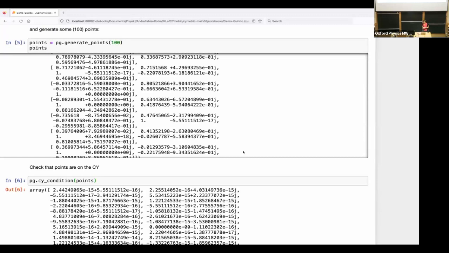We'll come back to that. Yes. Here we're fixing the Kähler modulus, which means that we're fixing the volume, and we do that because we want to stay in the same Kähler class when we're training. But in principle, you can switch that off.